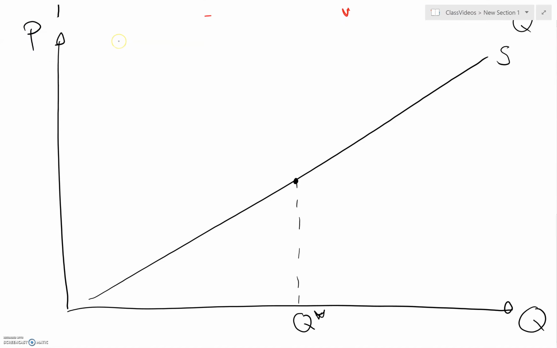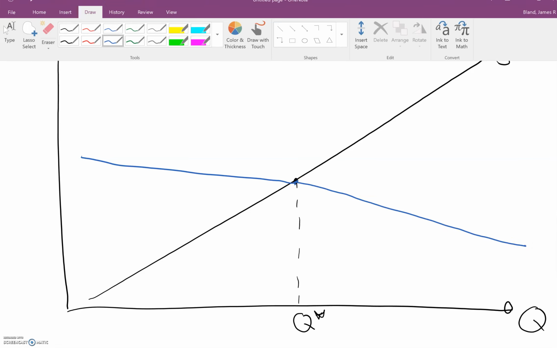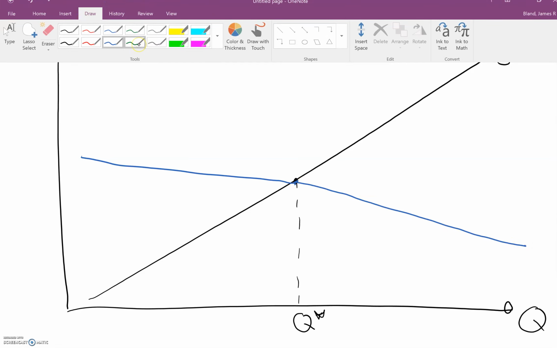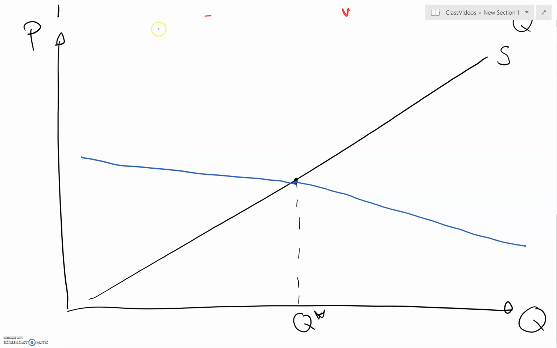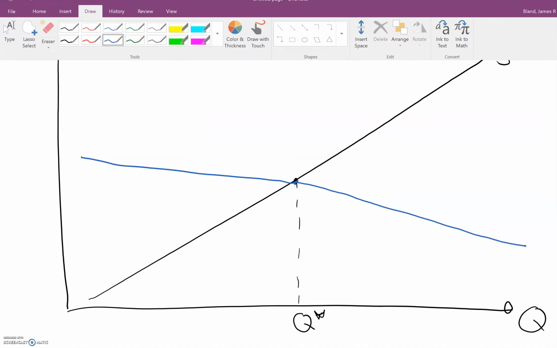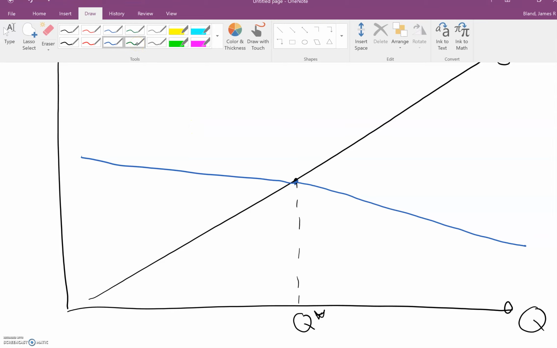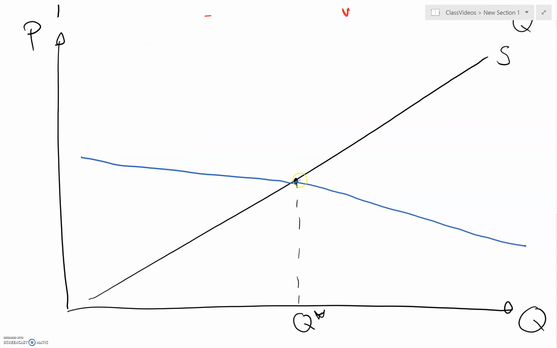And so that means that our demand curves are going to pass through this point. So let's draw a relatively elastic demand curve and a relatively inelastic demand curve like this.